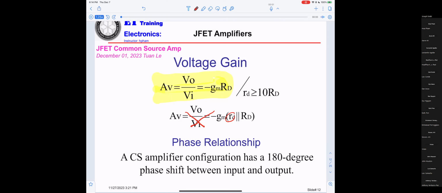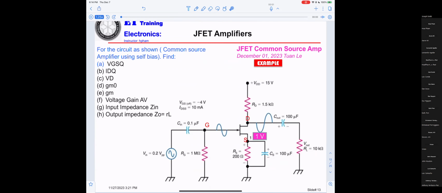Phase relationship: the common source amplifier configuration has 180 degrees phase shift between input and output. And this is a common source amplifier they given. That's what they're doing in the calculation.